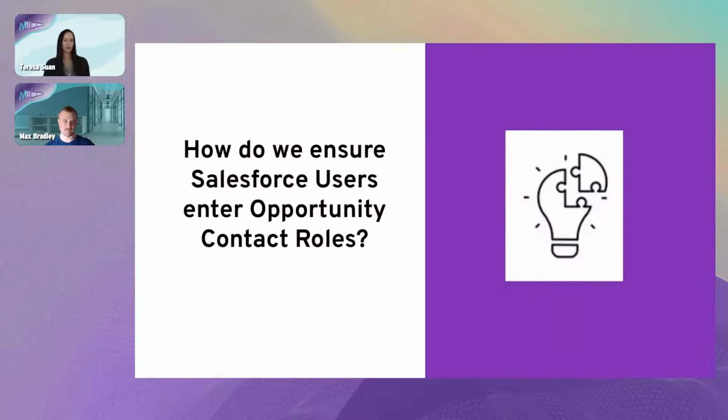Thanks, Max. So yeah, we've talked about what opportunity contact roles are and their importance to marketing and ROI. But the big question is, how do we ensure Salesforce users enter opportunity contact roles? These are typically the salespeople in your organization that are working with opportunity records on a daily basis.